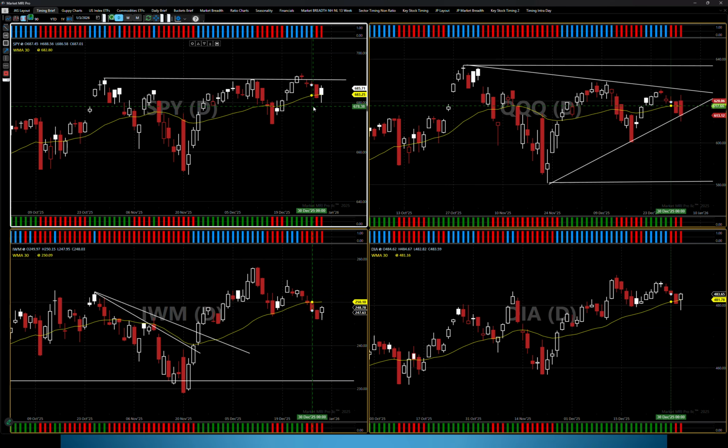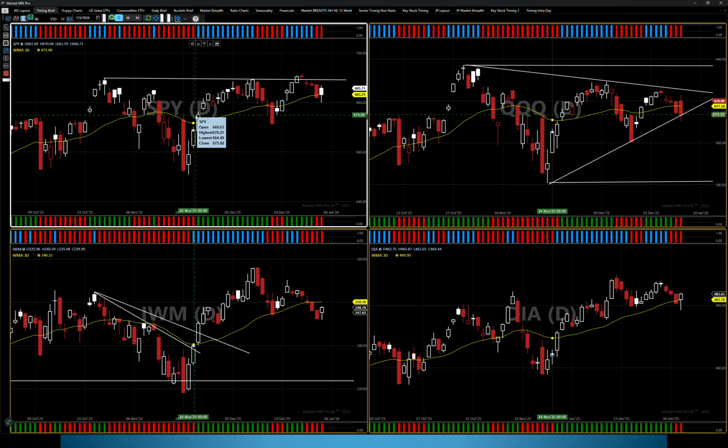And so I played with a lot of different timing models. I bought a lot of different timing models. And I found just a simple model works, which was if the first time the price closes above that WMA, assuming we were in a downtrend, and the bongo above is blue, I enter the buy zone.